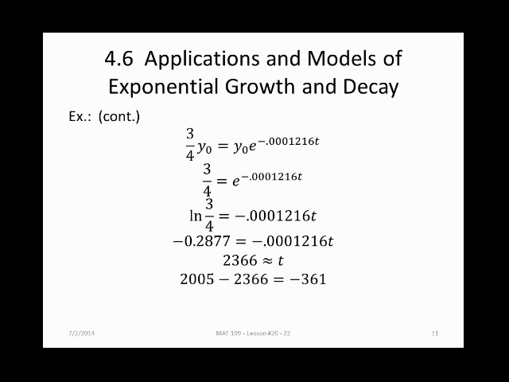How do you go backwards? You subtract. Well, that gives us a date of minus 361. This is based on the normal calendar, so minus 361 would be 361 BC. That's approximately when that woman lived.